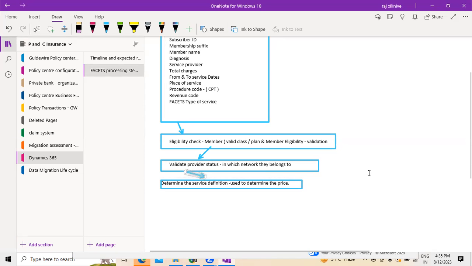But you cannot say the same for all providers, because in some situations the provider is not in the network of the insurance payer. So the costs and prices will be different from context to context.